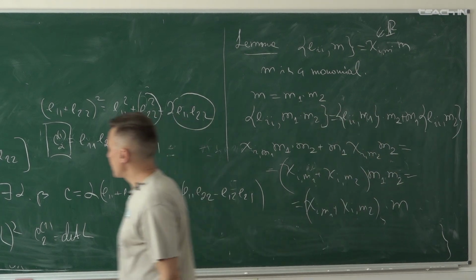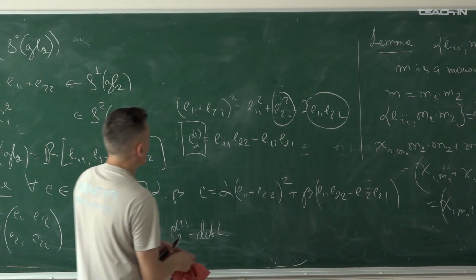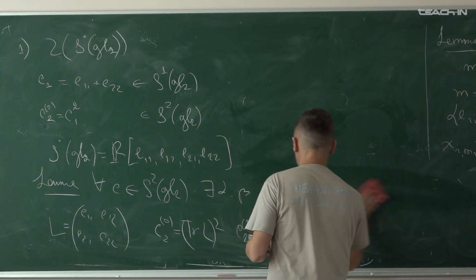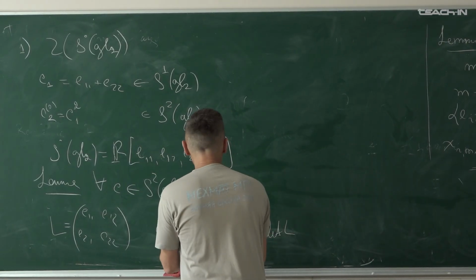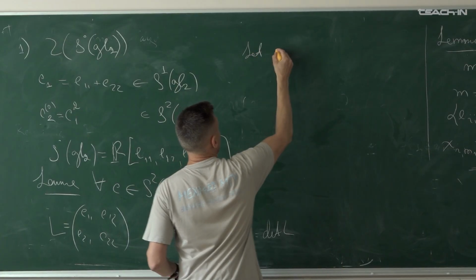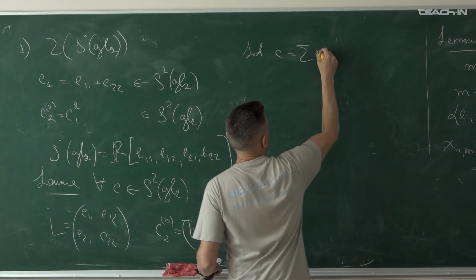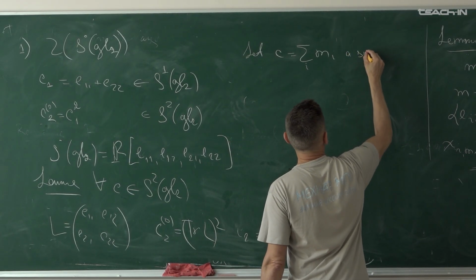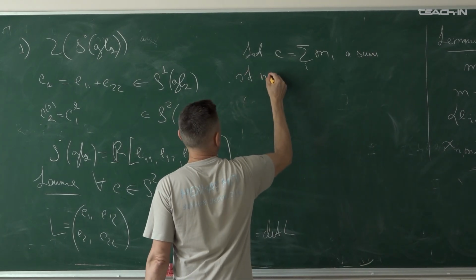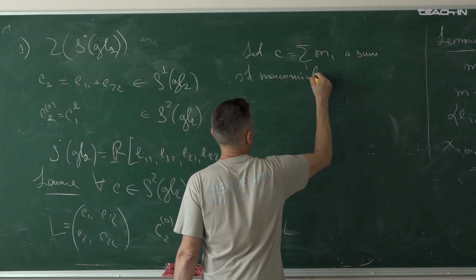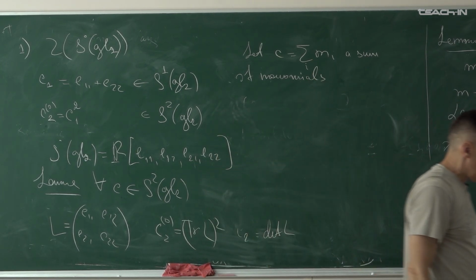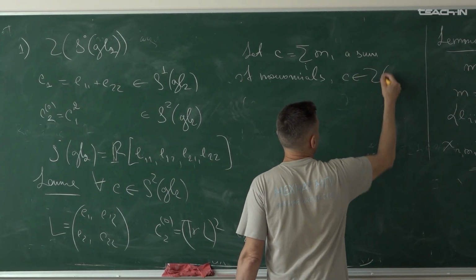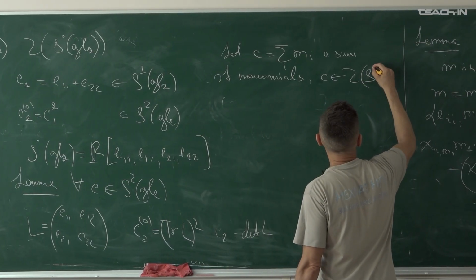You see, now let C be a sum of monomials, and C is an element of the center of our algebra.